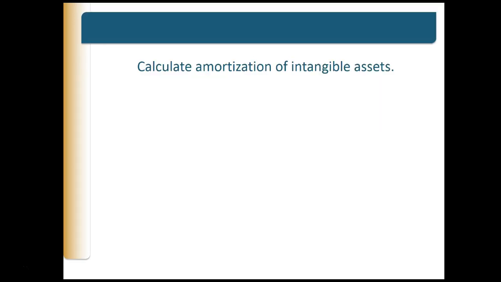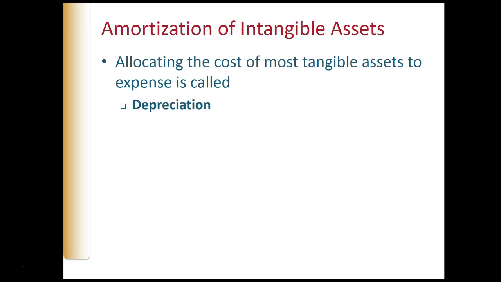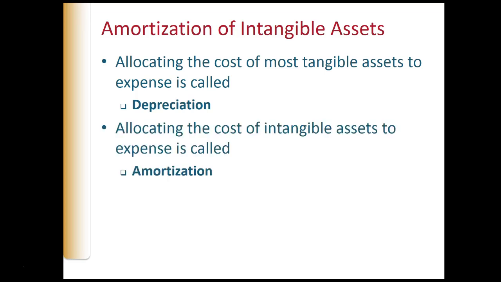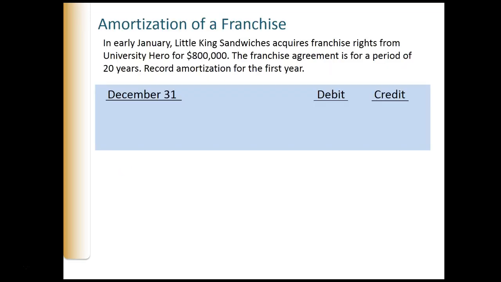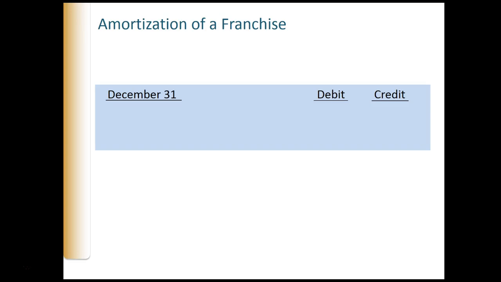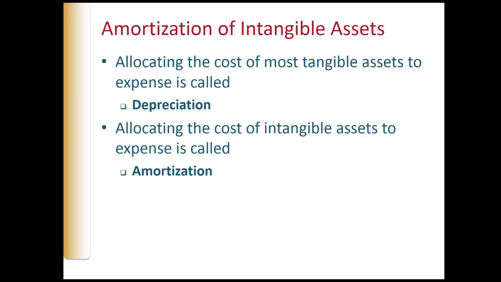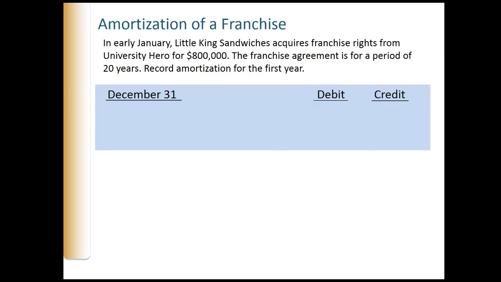Let's now calculate the amortization of intangible assets. Now, allocating the cost of property, plant, and equipment to expense is called depreciation. Likewise, allocating the cost of intangible assets to expense is called amortization. Most tangible assets have a finite useful life that we can estimate.